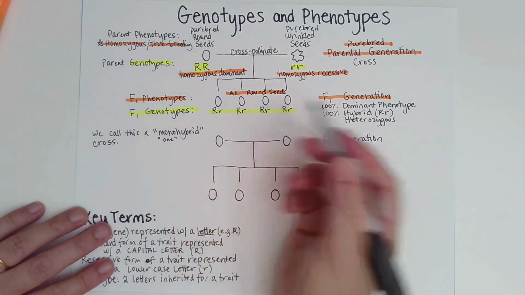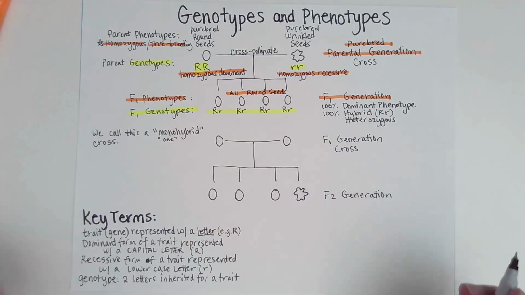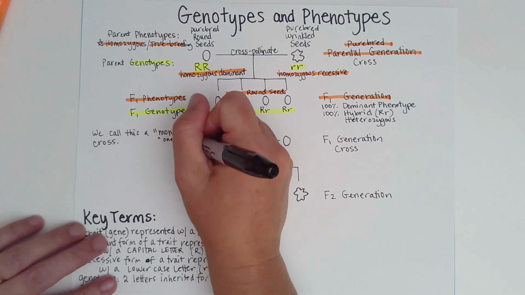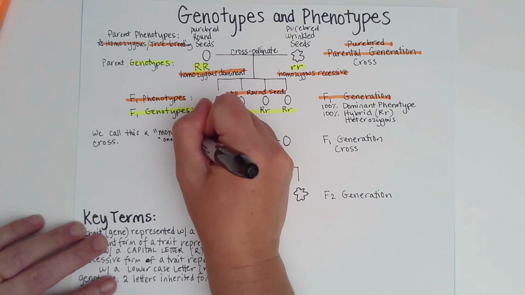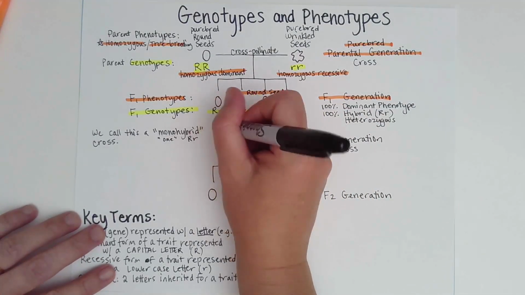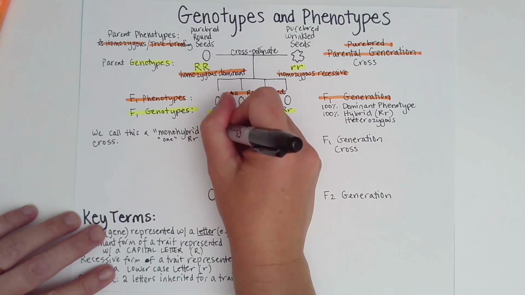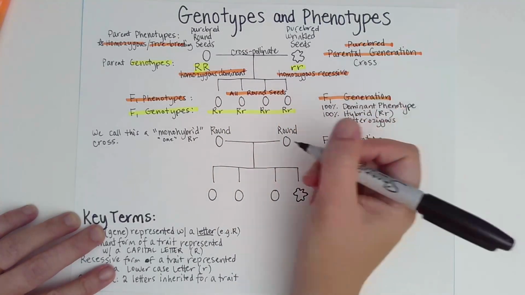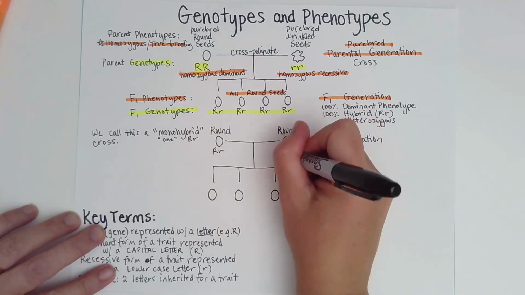And you now know that hybrid means that they got 2 different forms of the trait for that gene. So in this case, they have big R, little r. So they're both hybrid for the trait. And the one we're talking about then is these round seeds for their phenotype. But they all have big R, little r.